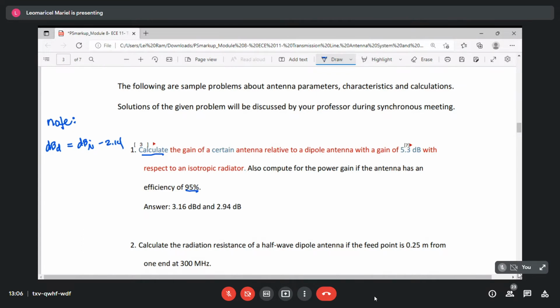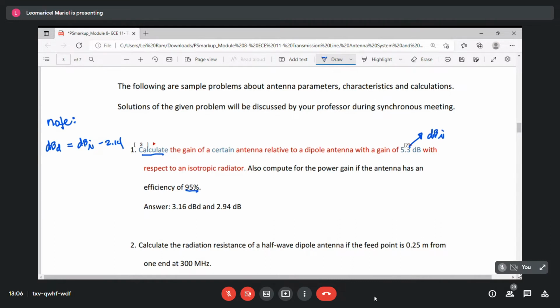So this is the formula to get the gain of a dipole, represented by D, from an isotropic antenna. As we all know, the antenna gain with respect to isotropic is a reference antenna gain. Binigay naman dito yung gain with respect to isotropic, meaning this is the dBi gain.